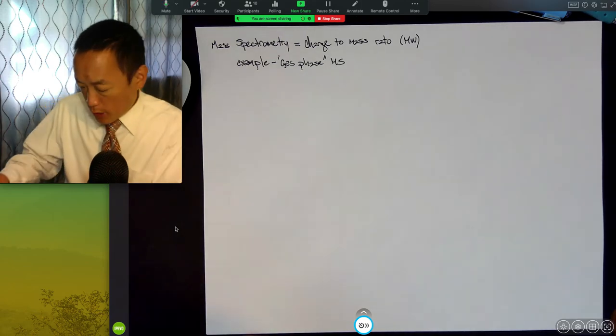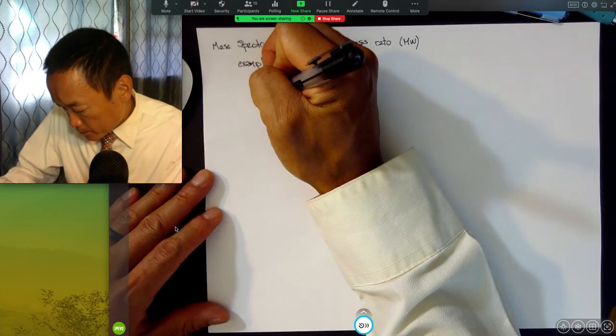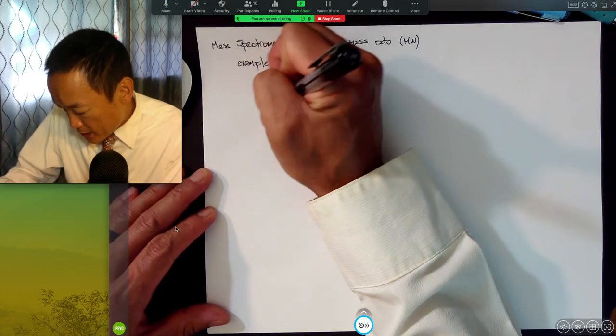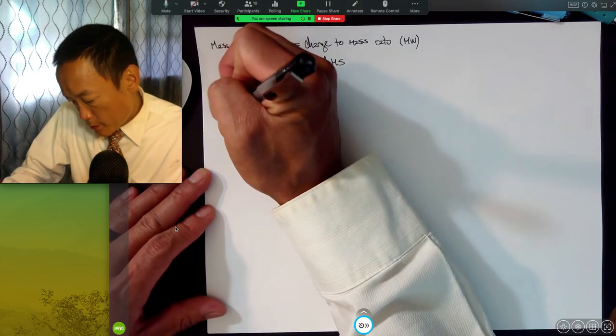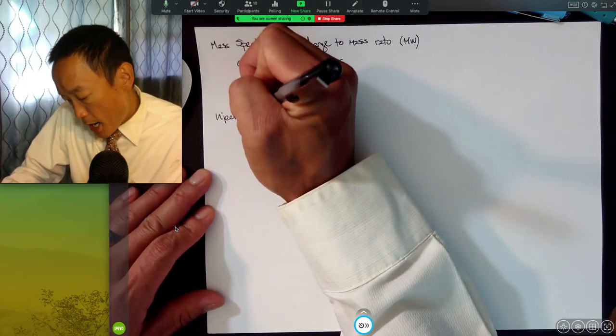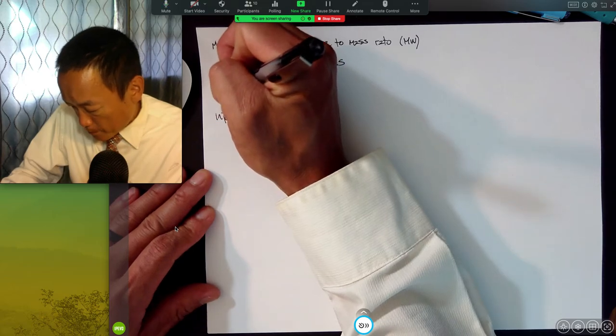What happens? You've got something that is going to heat the sample, and that is preceded by an injector.